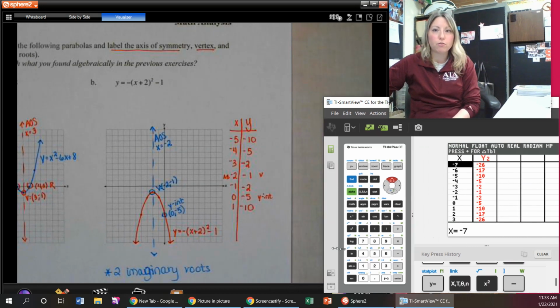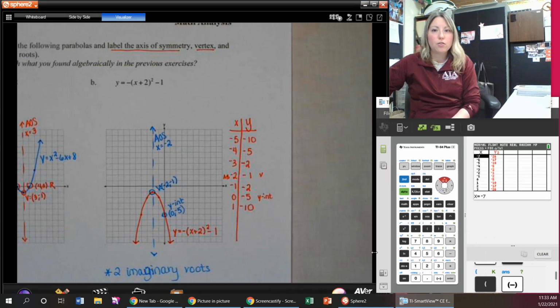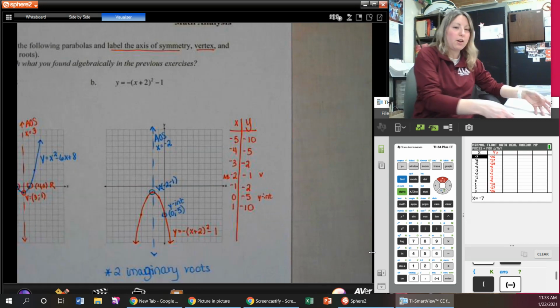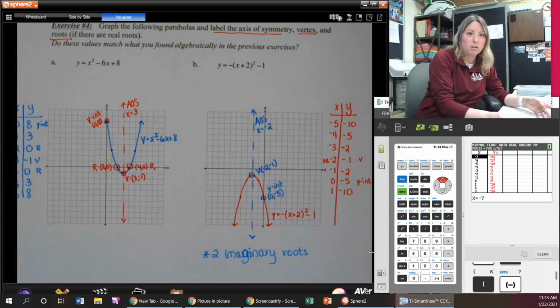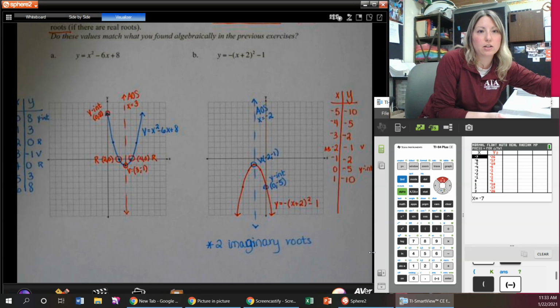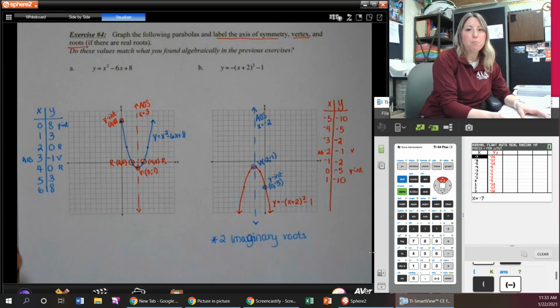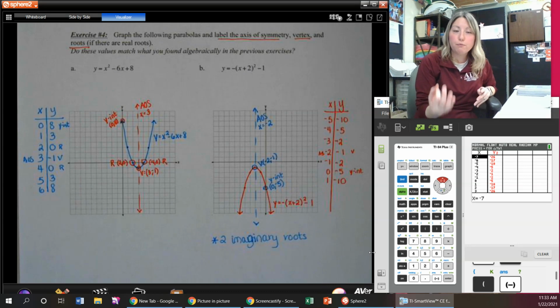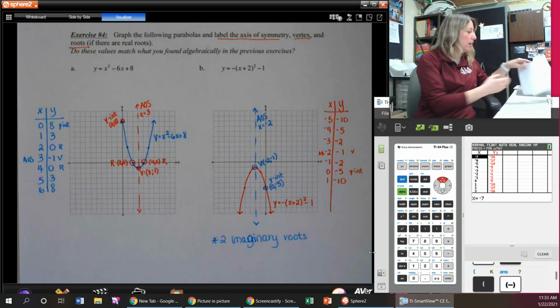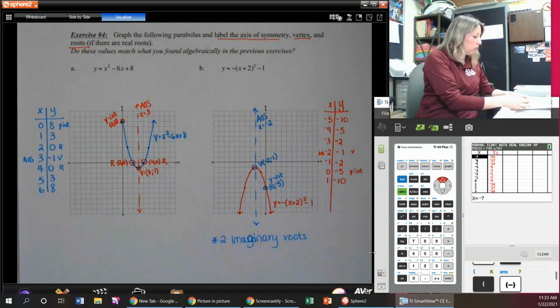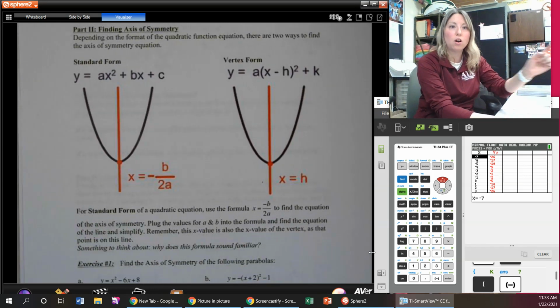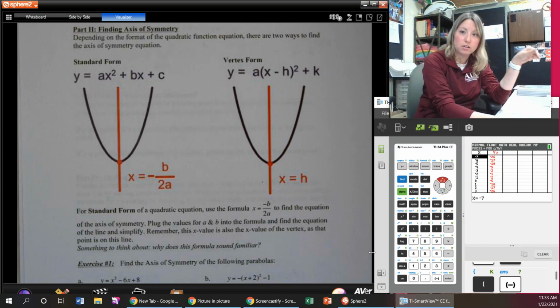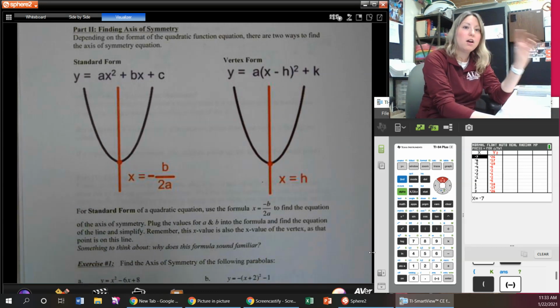There you have it, my friends, putting together the graph with all the algebra that we have been doing. Okay, that's what we're getting at. That's where we want to be. So depending on the form of your quadratic function, it depends on which of the equations you use to find your axis of symmetry and vertex, right?